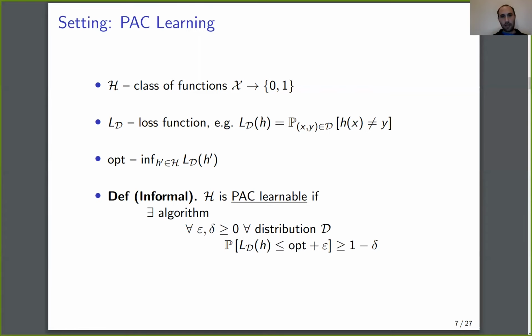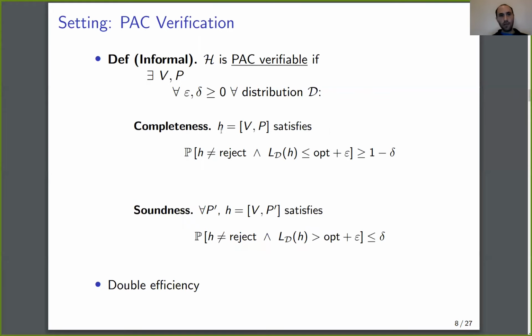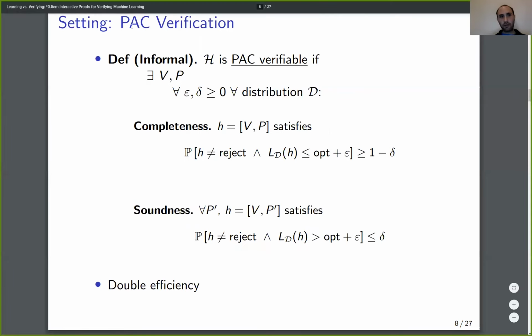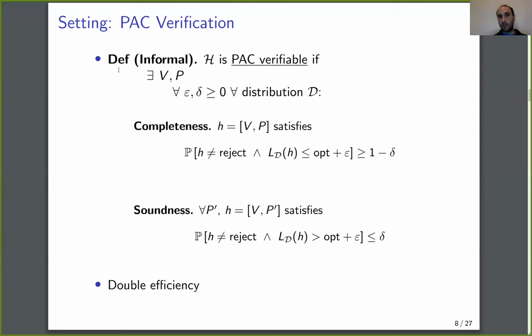So kind of inspired by this definition of PAC learning, we introduced the following definition that we call PAC verification. And it goes as follows. We say that a class of functions H is PAC verifiable if there exist two algorithms, a verifier and a prover, such that for every epsilon and delta, for every unknown distribution D, the verifier and the prover satisfy completeness and soundness.